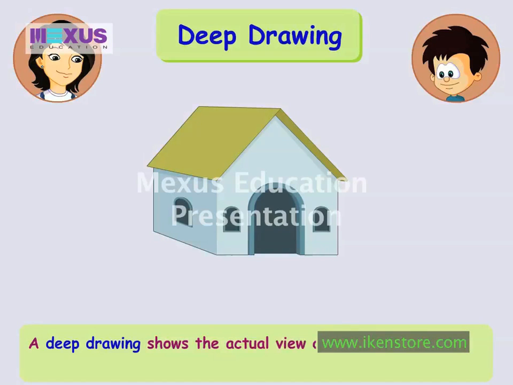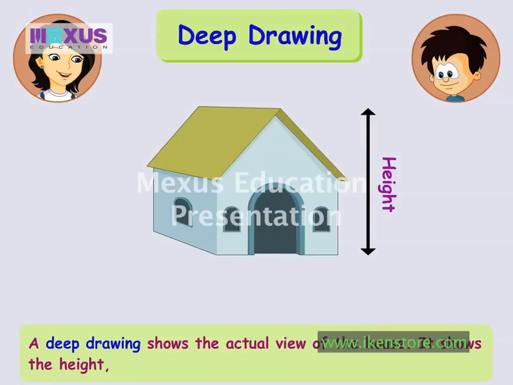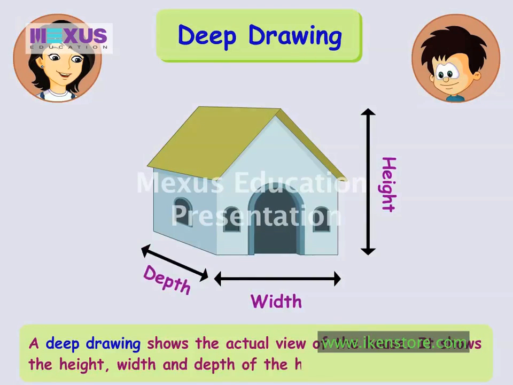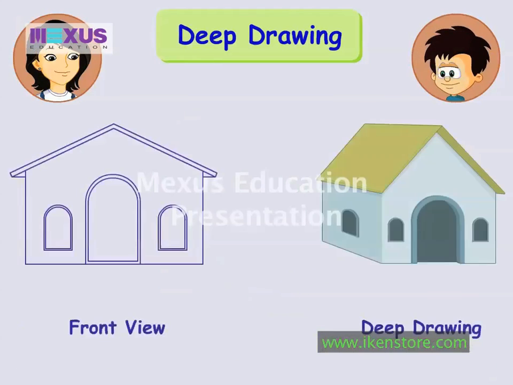This sketch is a deep drawing which shows the height, width, and depth of the doghouse. Yes, look, here is the width, height, and depth of the house. JC, can you tell me what's the difference between the front view and the deep drawing of the house?